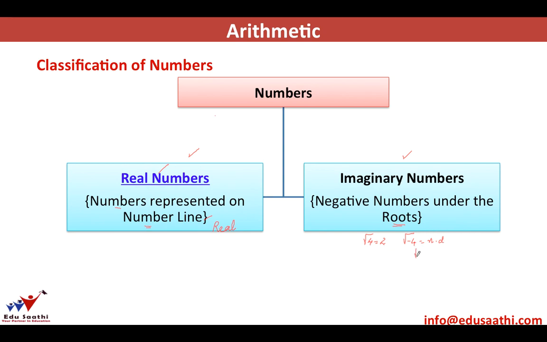In fact, I write it as 2 iota. What is iota? Iota is an imaginary number. So negative numbers under the root would be classified under the category of imaginary numbers. For our purposes, we'll be only dealing with real numbers. So real numbers is what we'll concentrate on and not imaginary numbers.